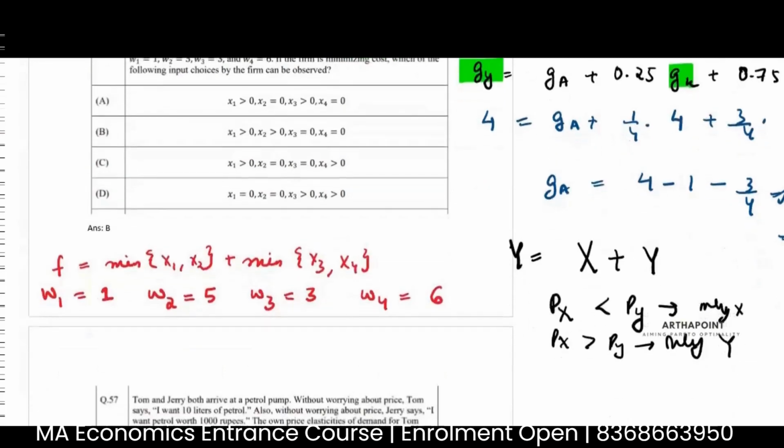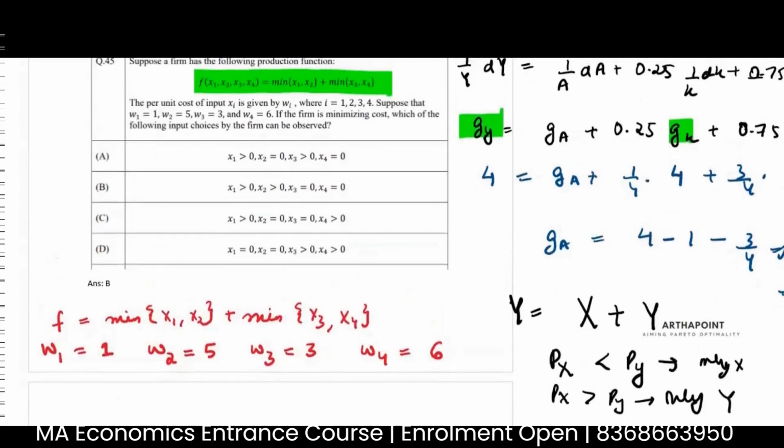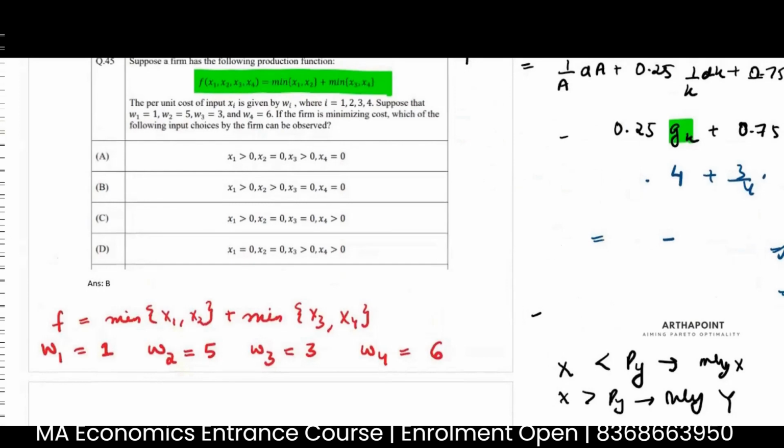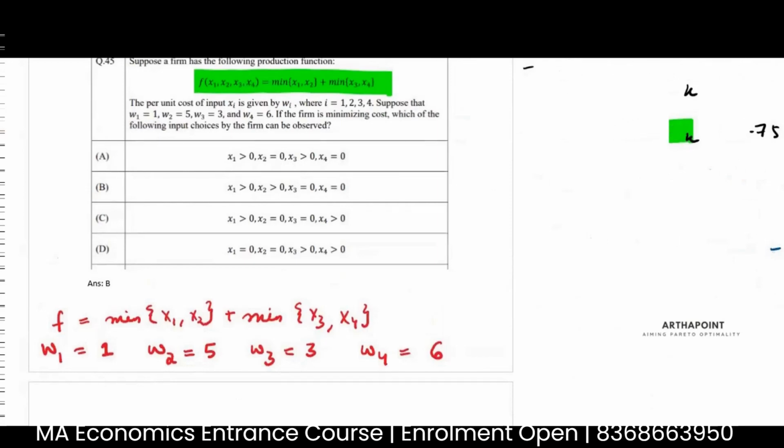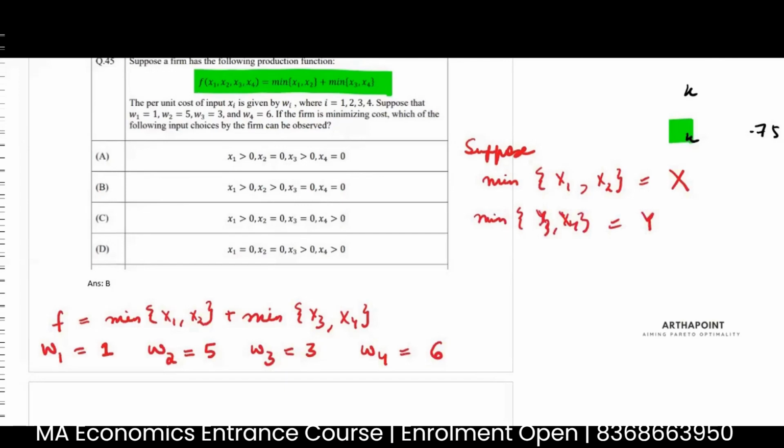So let me just take this down. Suppose that min of x1, x2 is given by capital X, and min of x3, x4 is given by capital Y. Then my production function will be X plus Y. So x1 and x2 are used together.